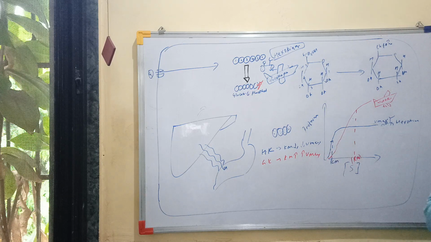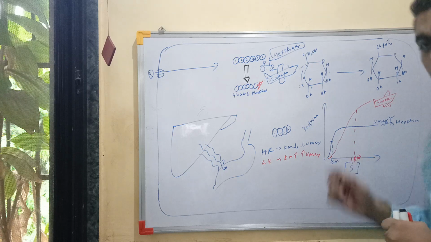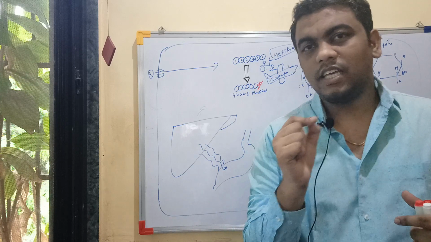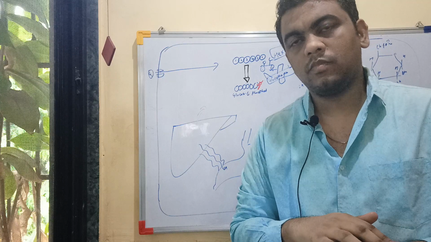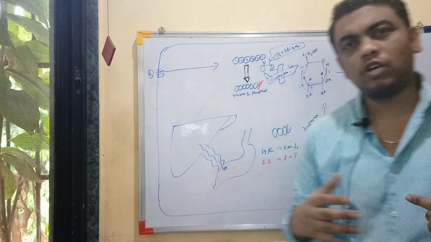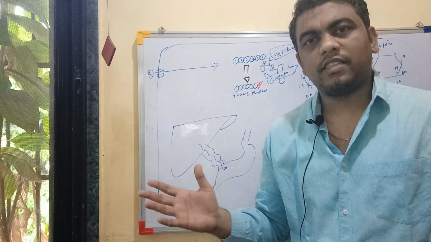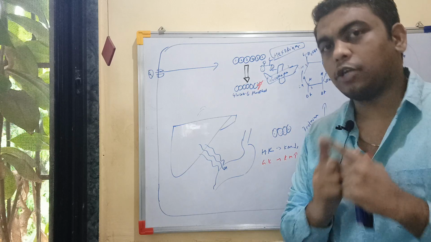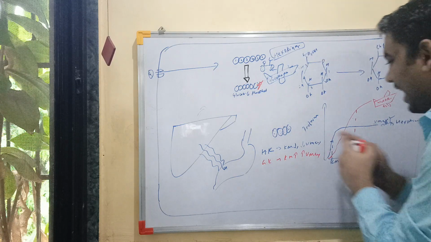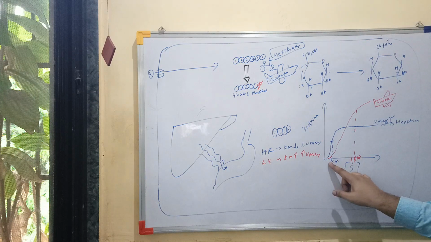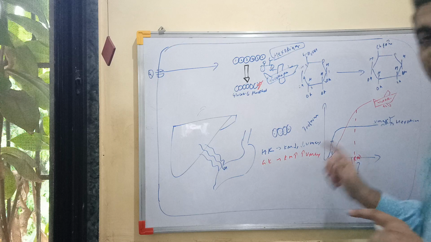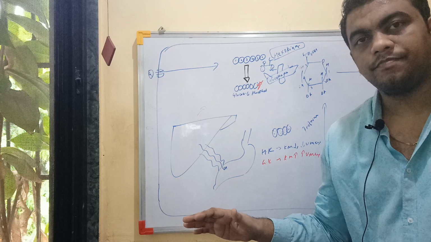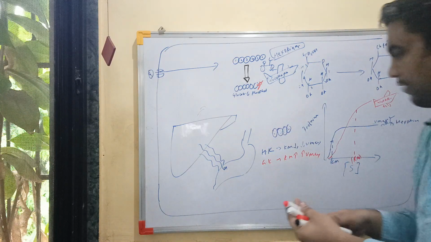Hexokinase is getting saturated when the glucose concentration is very slightly increased. Correct? Even a little glucose comes, and hexokinase does its full work. So the affinity towards glucose is more for hexokinase, because when glucose increases a little, half of the hexokinase is already saturated.